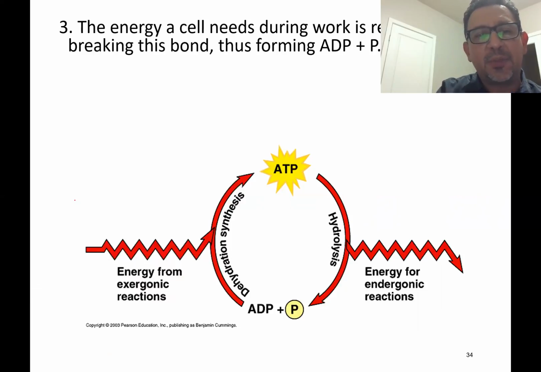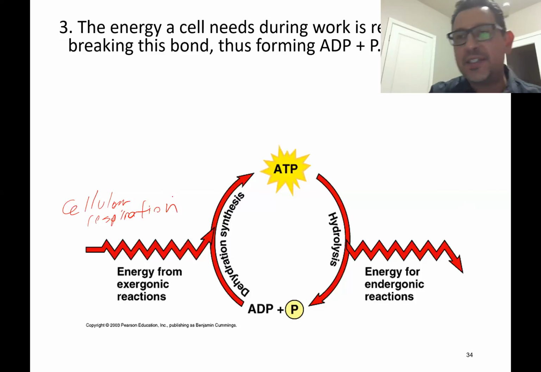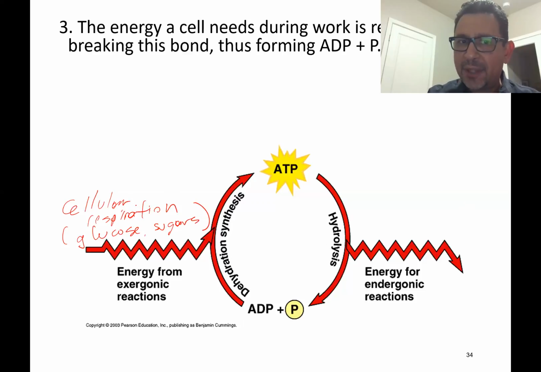The cellular respiration, that is taking energy from molecules, fuels like glucose and other sugars, primarily. When those sugars are being broken by the process of cellular respiration, remember that releases energy.